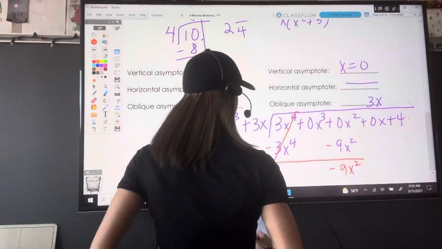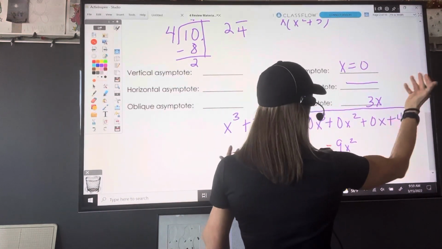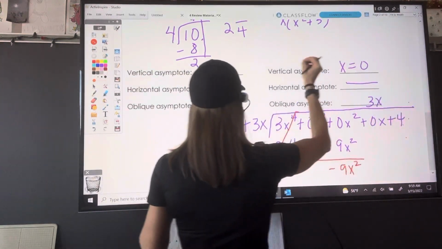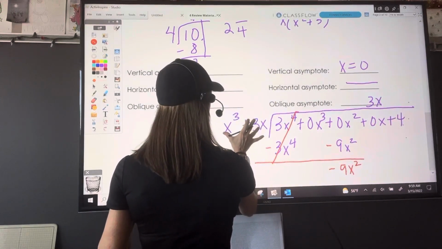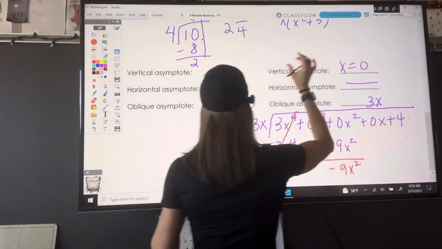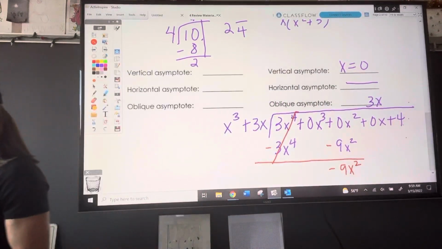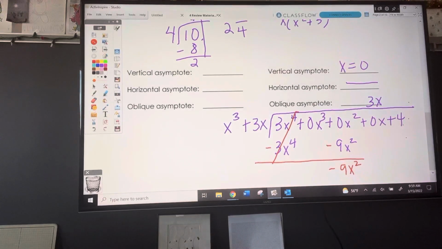So what else do I need? I need to find something, hopefully, times x cubed plus 3x. Well, let me start over. Something times x cubed is going to give me negative 9x squared.